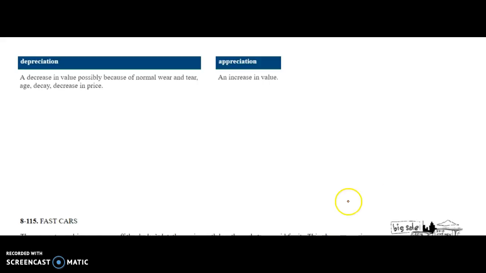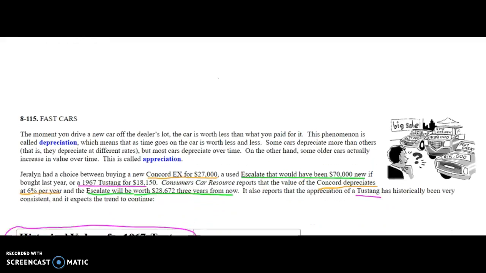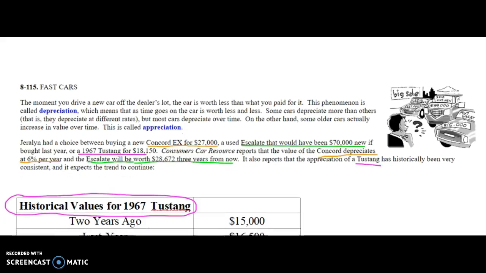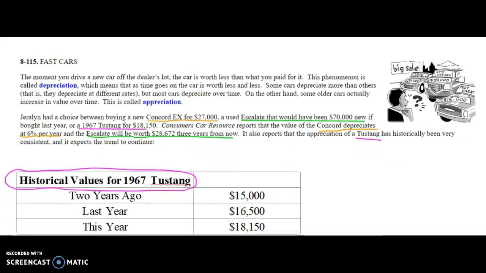Most cars are going to depreciate the second you drive out the lot with it. So the second you drive out that lot, you have lost money. You want to be able to turn around and sell the car for the same value, because it's losing money almost instantly. Very few cars will actually appreciate in value and gain, and you'd be able to sell them for more than what you bought them for.